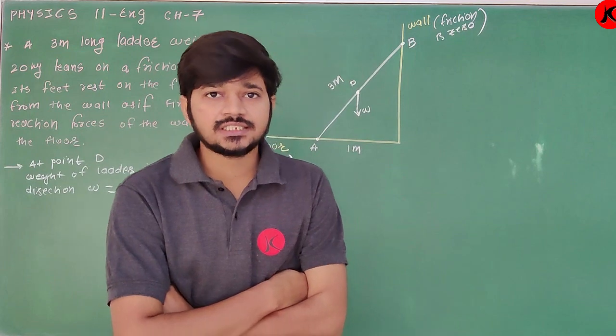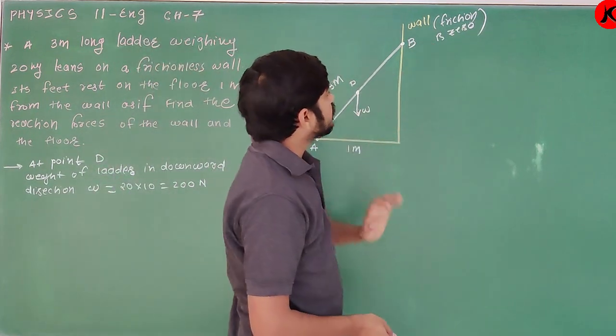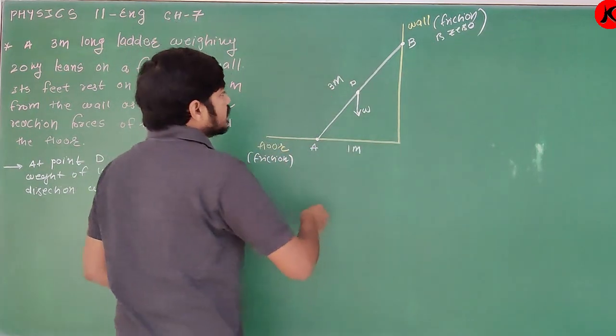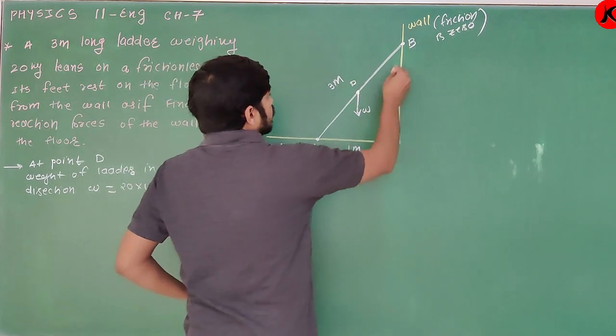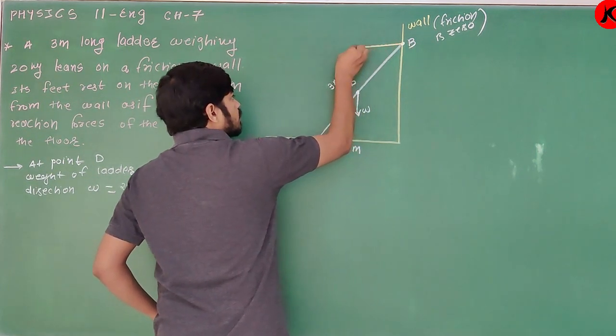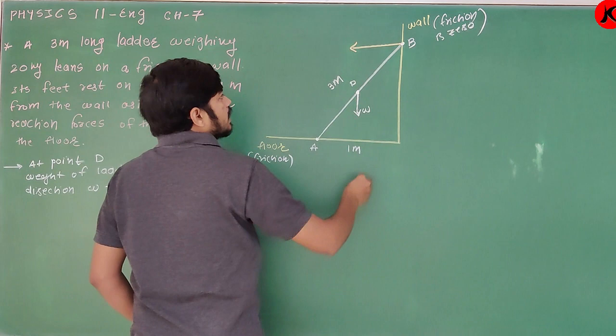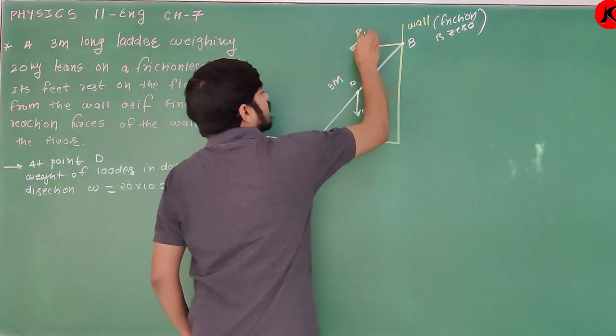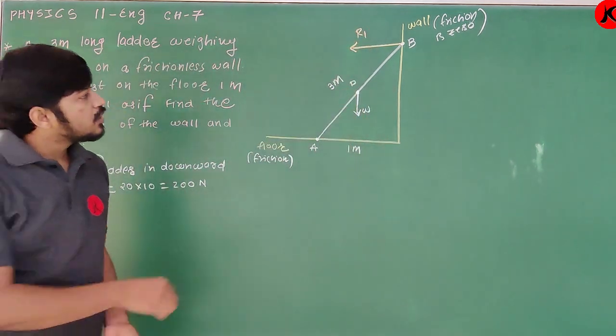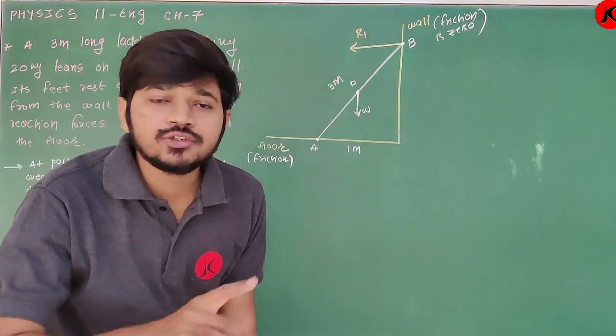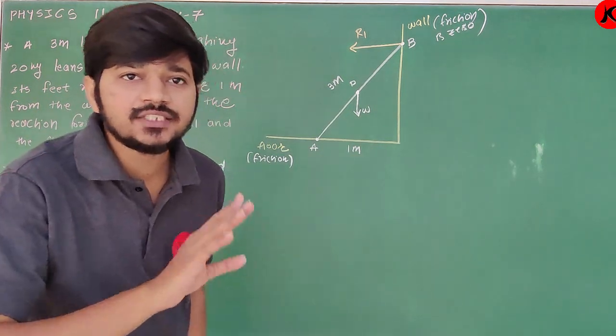Here friction is 0, so it has only the perpendicular component. It is perpendicular because at this point friction is 0.